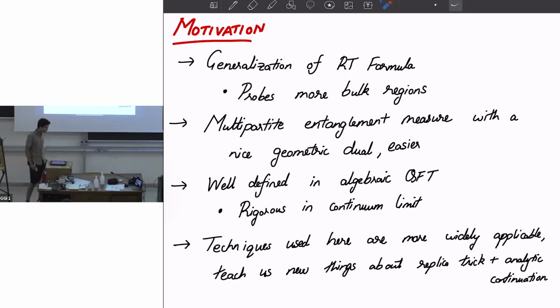So it's useful to understand other entanglement measures and how they could be geometric, and the reflected entropy and the entanglement wedge cross-section duality is one such example where there's a nice geometric dual for this quantity, and it helps probe deeper in both senses, in the geometry and entanglement.